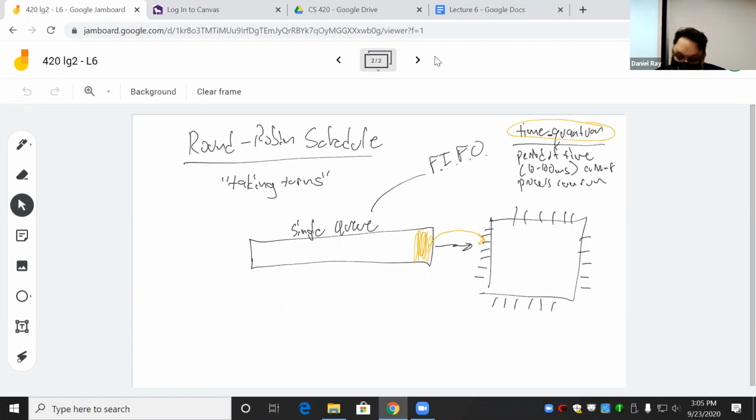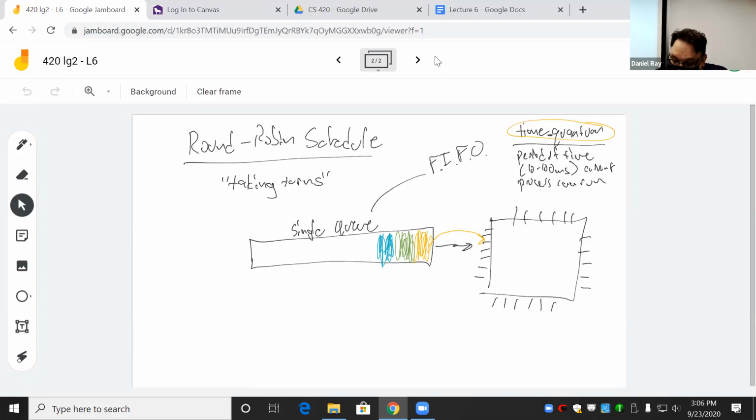Okay? During that time, as it's running, you might have other processes arrive. Okay? And they just line up, waiting to be run. Now, all of these processes are either new processes or they are ready processes that have been processed a while ago. Okay, so in my world, all these are new processes.